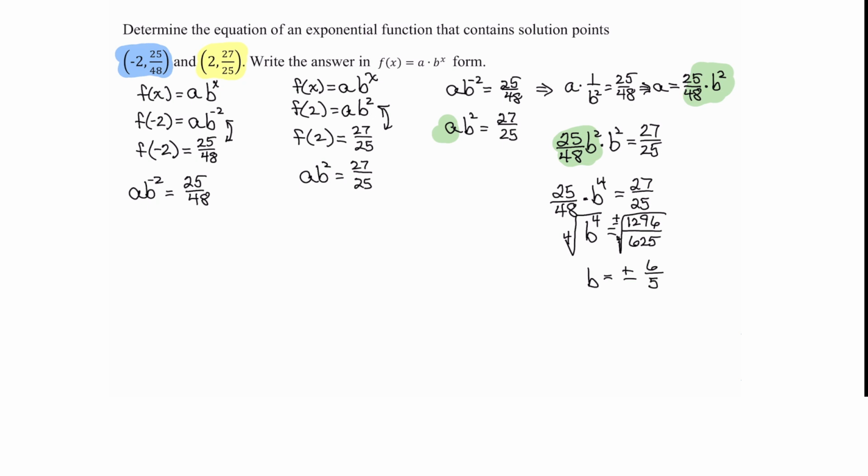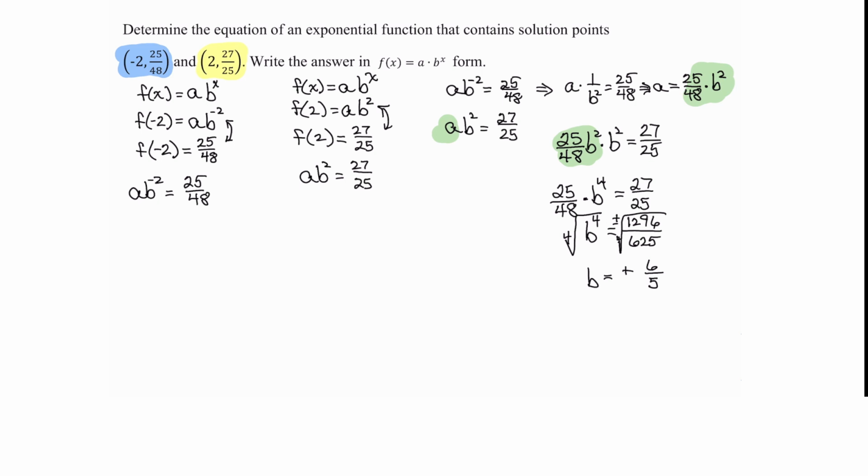However, if you recall, b is the base of our exponential part of the function, and the base of an exponential function has to be positive. So for this, we are only going to consider the positive. So we'll just go ahead and erase the minus off of that. So that's our b. b is equal to 6/5.